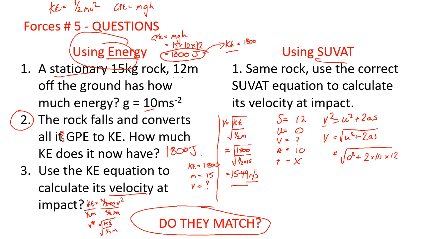So we know that 0 squared is 0. So we've got 10 times 12, which is 120, times 2, so square root of 240. I have a sneaky suspicion this might be very close to 15.49. So square root 240, it equals, and strangely enough, it is 15.49 meters per second.